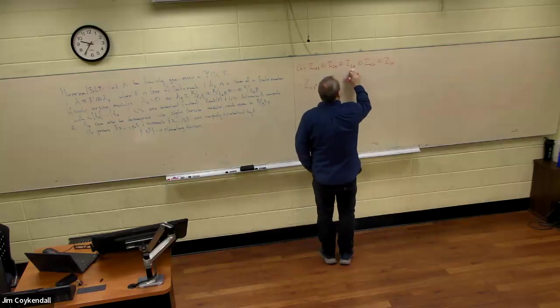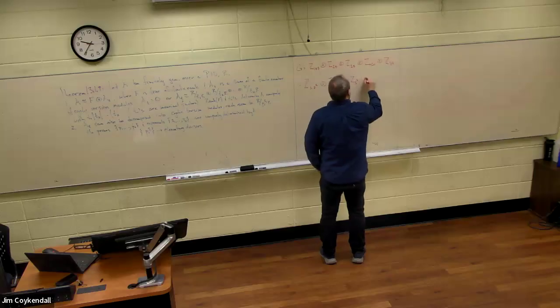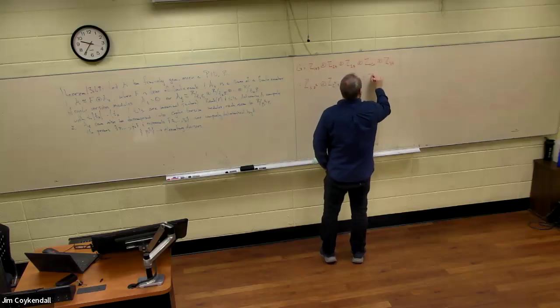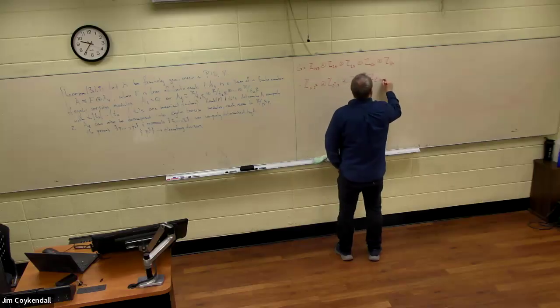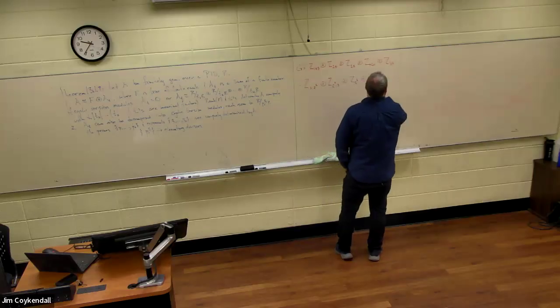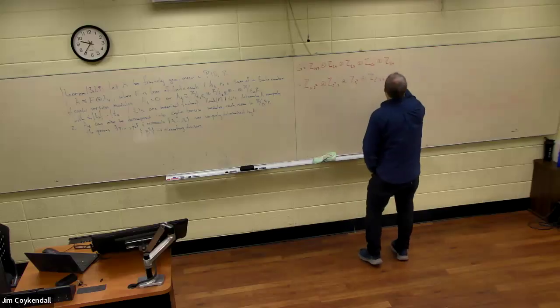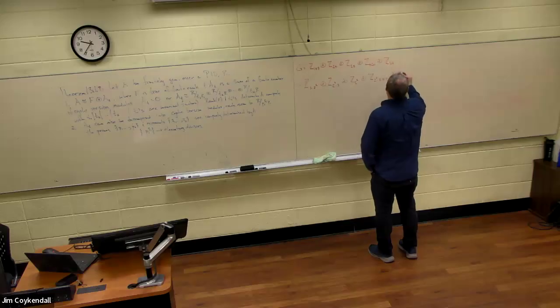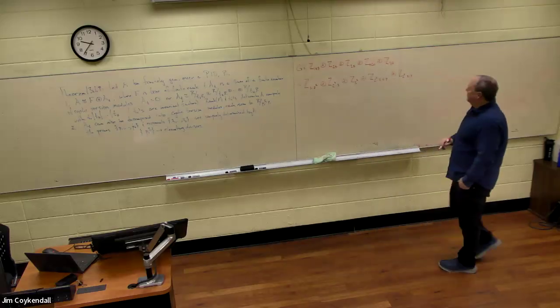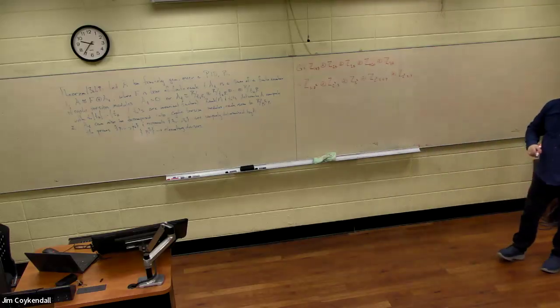This is 5 squared. This is 2 squared times 3 times 5 times 7. And this is 2 squared times 3 times 7. Everybody agree with my assessment here?